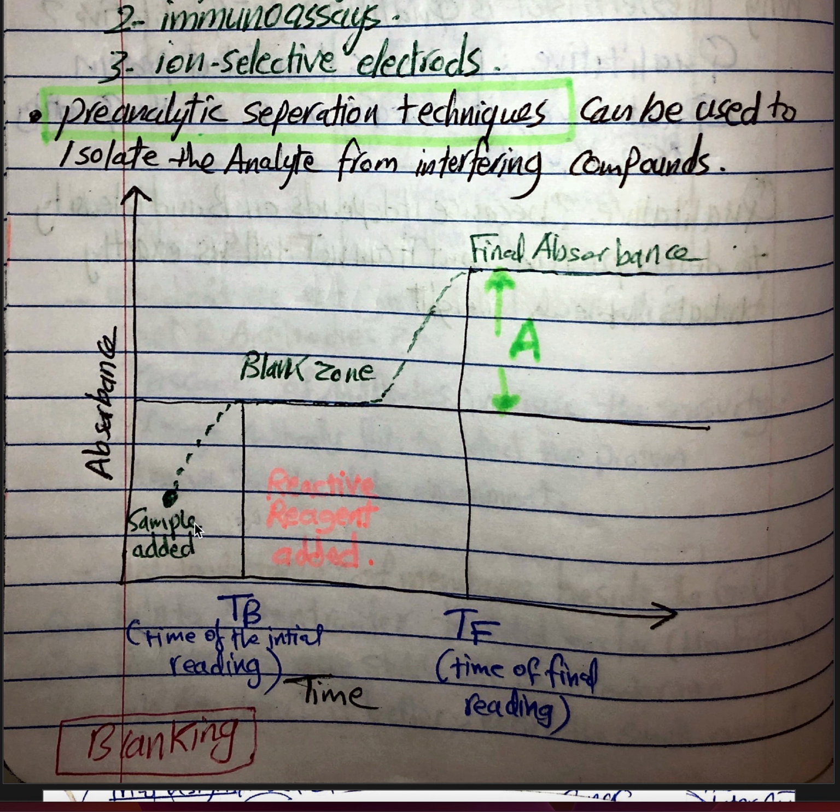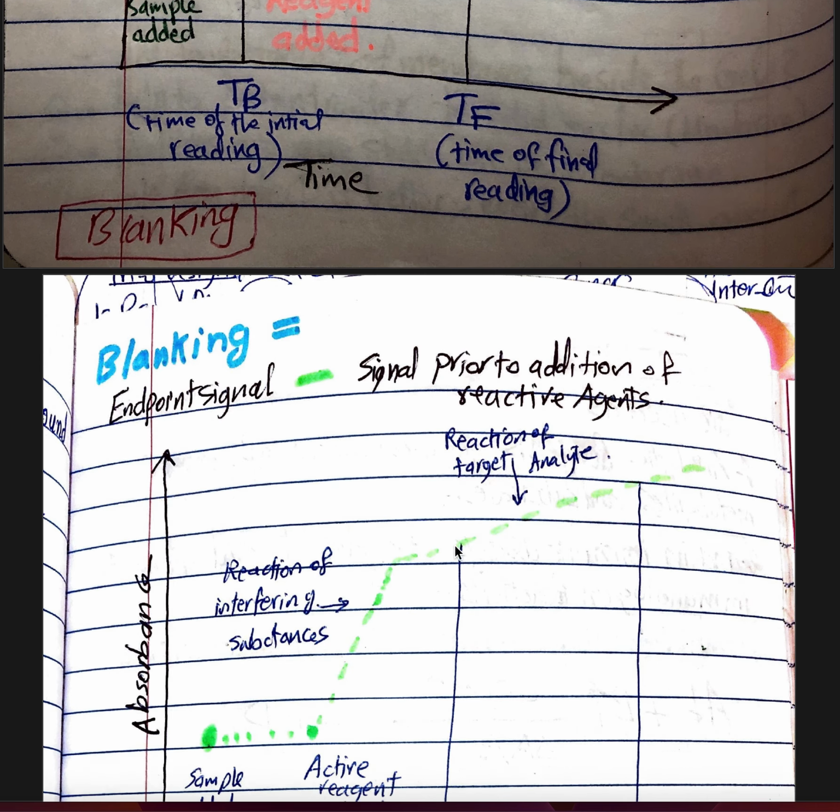Here the sample is added, and then in the blank zone the reactive reagent is added at this time. Why do we do that? Because we want to block anything that is not related to the analyte, so we can say it's blanking, and then this is the final absorbance, so we can measure our analyte correctly.